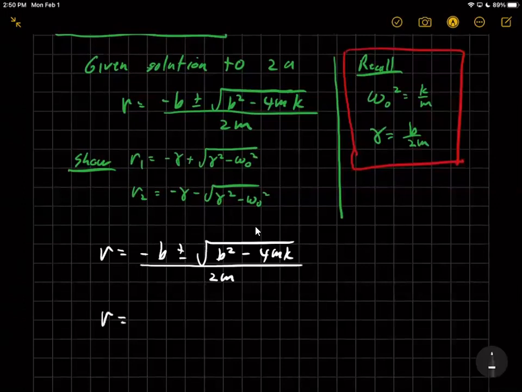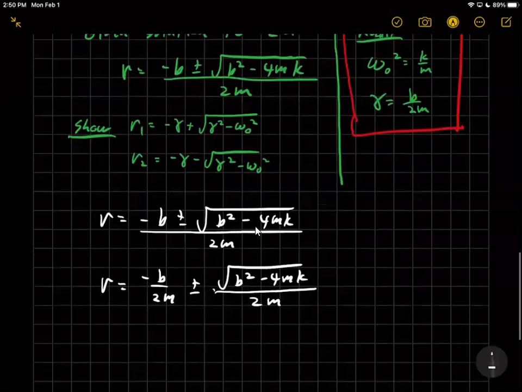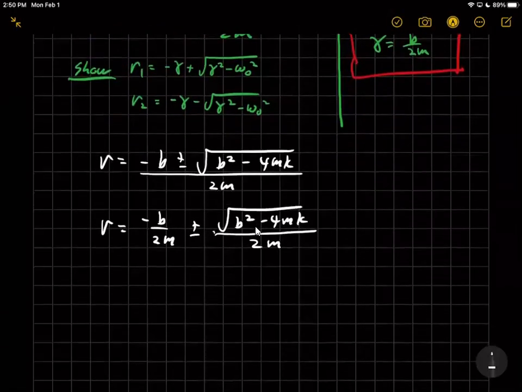And so we can break this into negative b over 2m plus or minus the square root of b squared minus 4mk all over 2m. So we simply took the common denominator and split things into two terms, all right? The second term has a plus and minus, so we'll get R1 and R2 out of that. But we can just work with R for now.